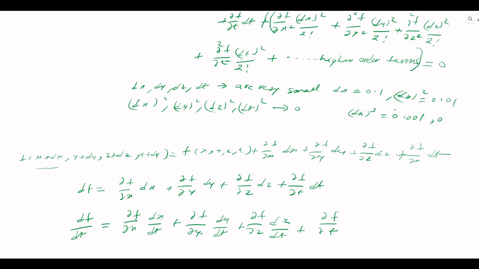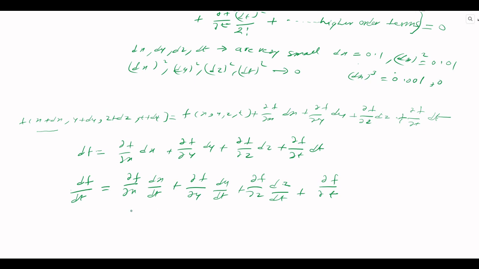We have remaining these terms. Here dx by dt becomes u, the velocity in the x direction.